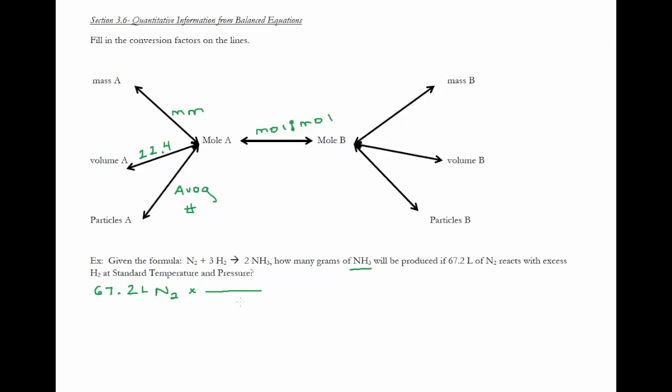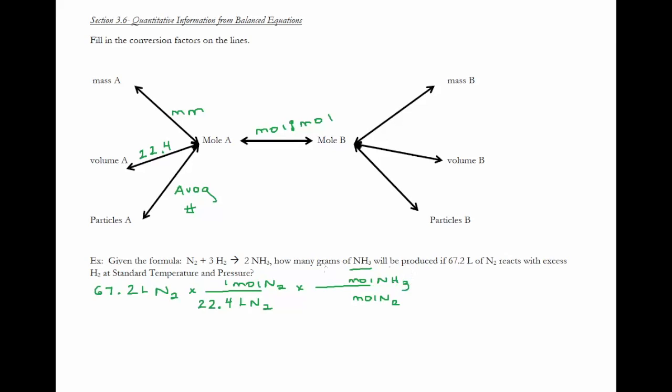So I'm going to put liters of nitrogen gas on bottom and 1 mole of nitrogen gas up top. I know I'm at standard temperature and pressure, so I'm just going to plug in 22.4 here. Now to go from moles of nitrogen gas into moles of ammonia, I'm going to put moles of nitrogen gas on bottom, and moles of ammonia up top.